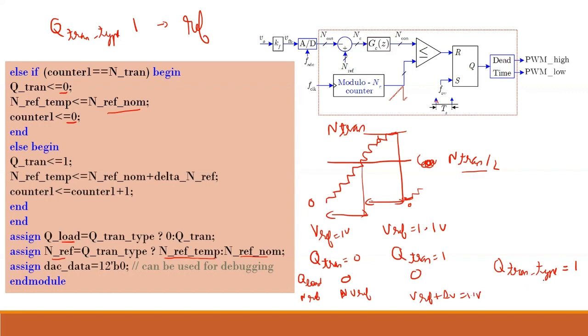But if my Qtran type is 0, then I don't want to give load transient. If my Qtran type is changed to 0, then this will be 0 in this case, and this will be 1 in this case, and this will continue to remain as vref.